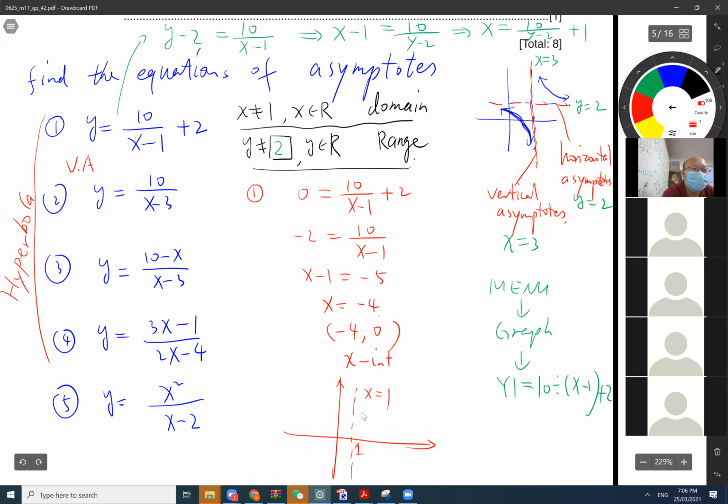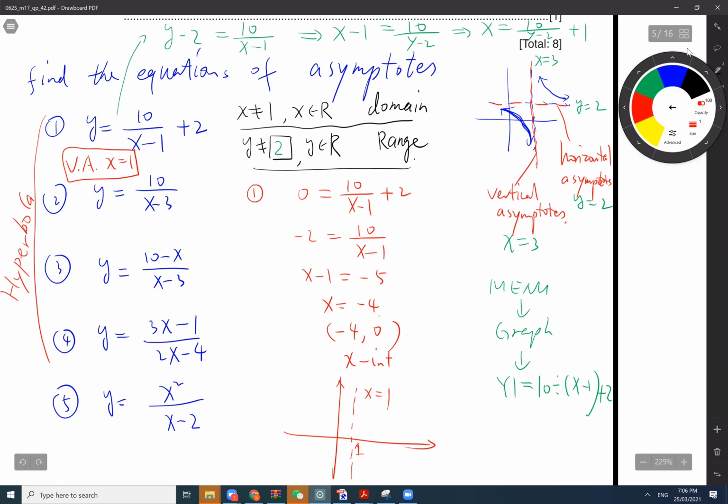Vertical asymptote, x equals 1. How about the horizontal asymptote? y equals 2. Excellent. So in the graph, we sketch here 2.